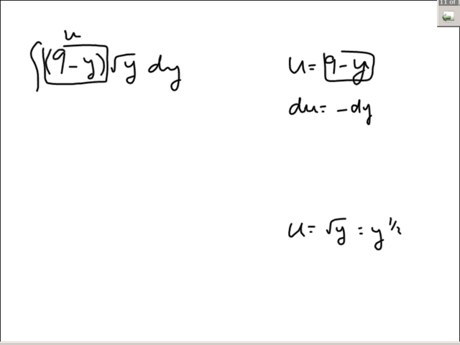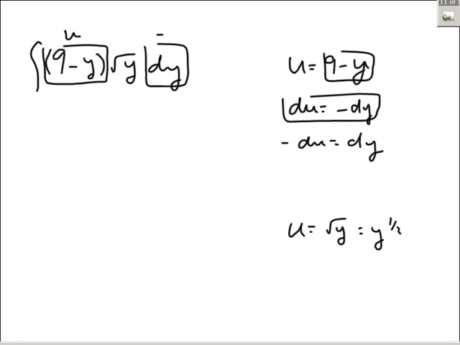Well, that's u. So this equation means, multiplying both sides by negative 1, that dy is negative du. So this part is done. It is negative du. But what about the square root of y?